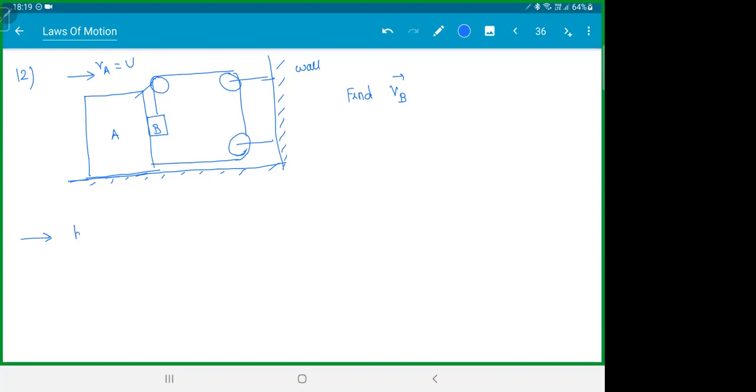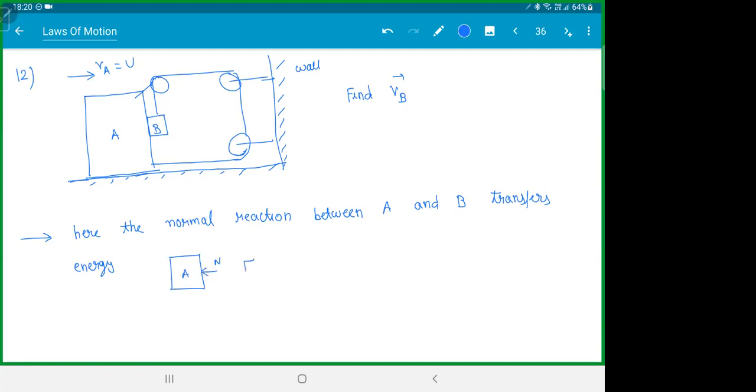Just to give a little context here, the normal reaction between A and B transfers energy. So method 2 gives you incomplete answers.